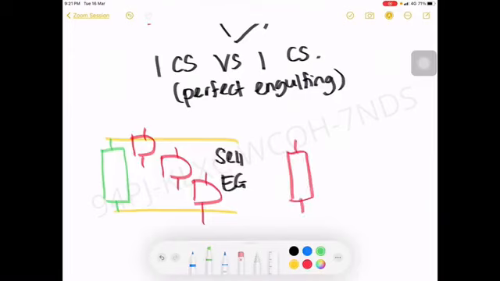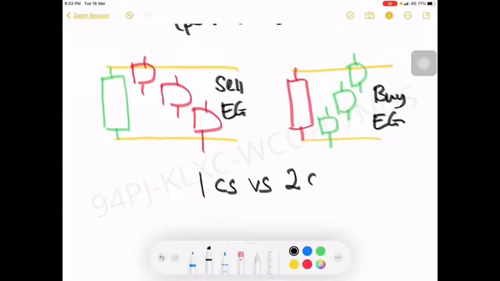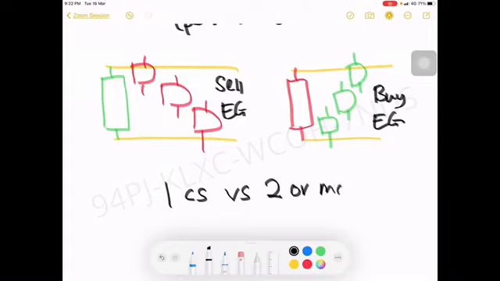So there is another one, and you have a red one. Is this clear to you? Yes.